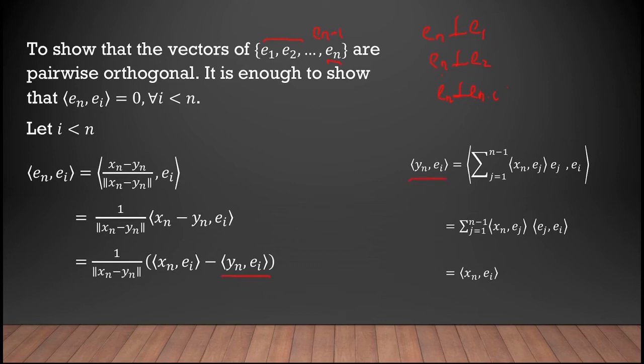Now we may evaluate what is the inner product of yn, ei. The inner product of yn, ei is equal to the inner product of, substituting the expression for yn here, summation j equal to 1 to n minus 1 inner product xn, ej, comma ei. And the inner product is linear with respect to the first variable, so you can write this as summation j equal to 1 to n minus 1, and take the scalars outside, inner product xn, ej, and what remains is the inner product of ej and ei.